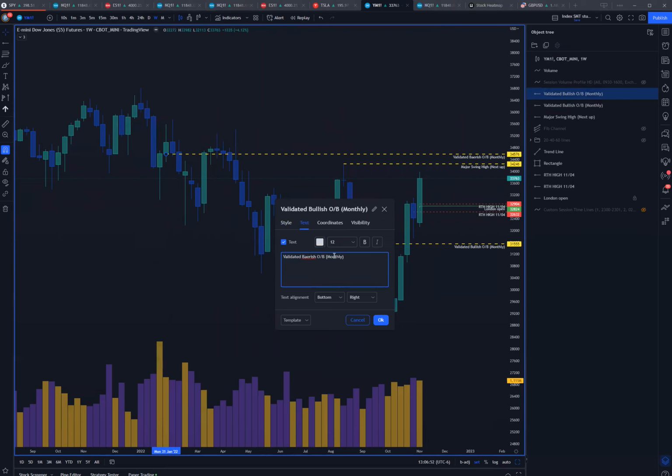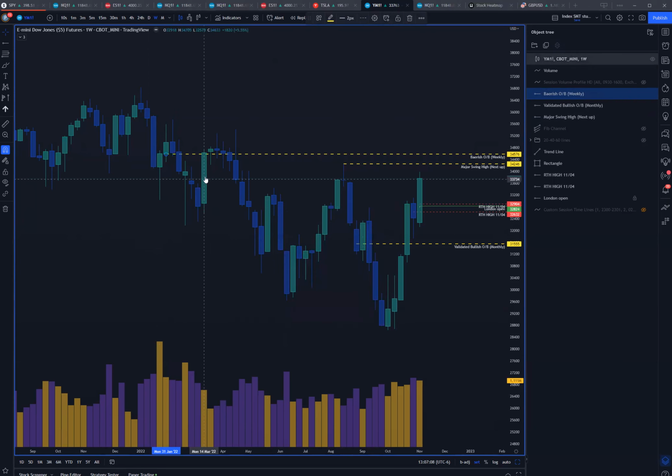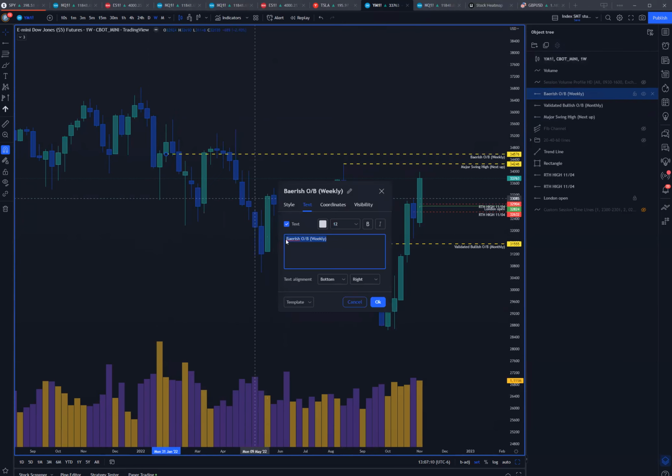Bearish order block, and we are here on the weekly chart. Let's make these thin.